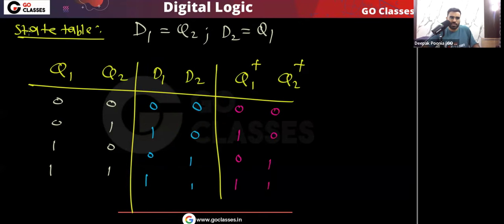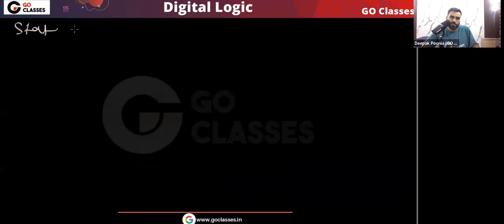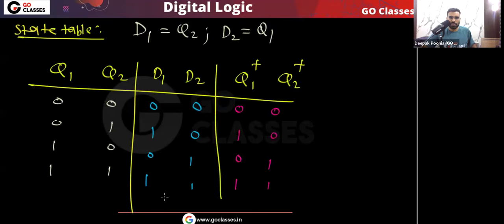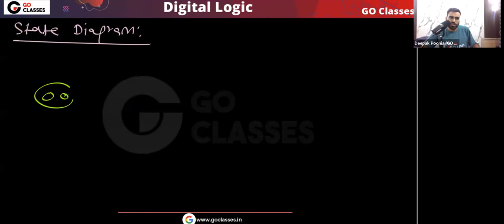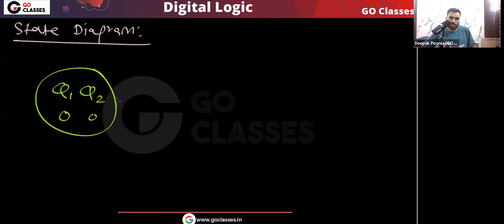Now if I make the state diagram, I'm assuming that q1 is the MSB and q2 is the LSB. If the present state is 0, 0, then the next state will also be 0, 0.